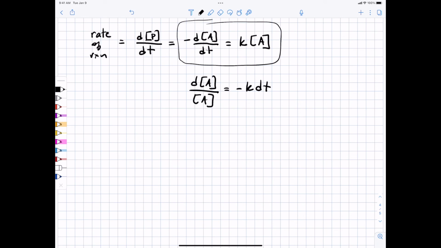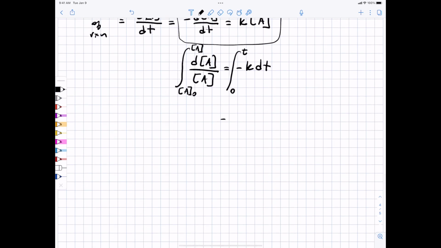All right? And then I can integrate this side from some starting concentration of A at the beginning to whatever concentration of A we are at a particular time. And then I can integrate this side from time 0 to whatever time I'm interested in.